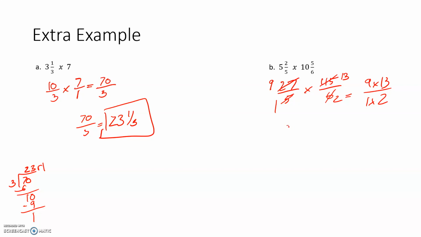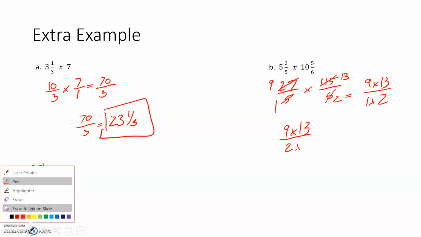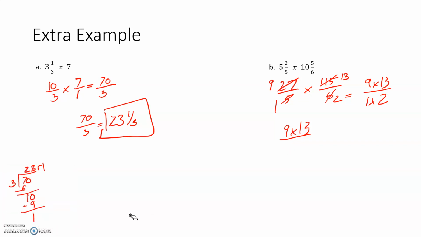All right, so 9 times 13 over 1 times 2 gives me 9 times 13. 9 times 10 is 90. 9 times 3 is 27. 90 plus 27 is 117. Halves.